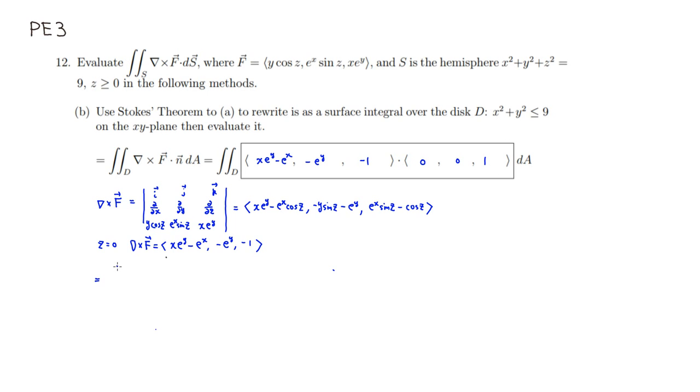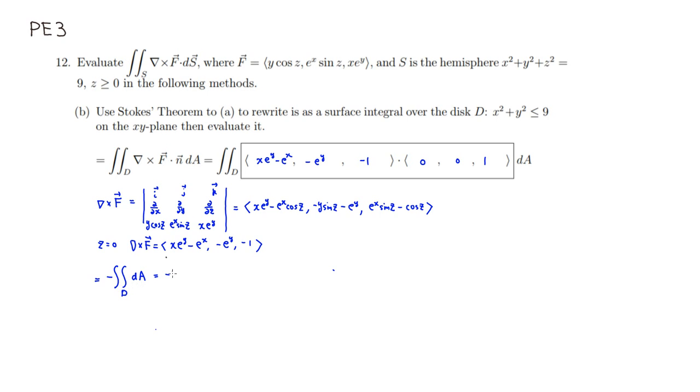So you have a double integral over D, which is a disk with radius 3, of negative 1. I'll put the negative sign outside, and then you have dA.